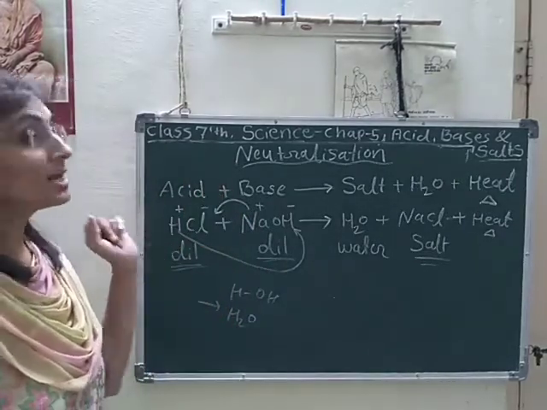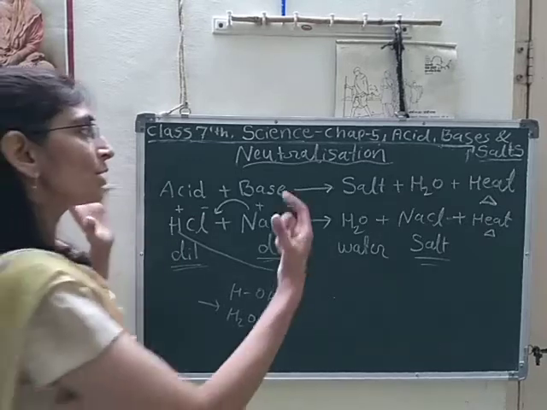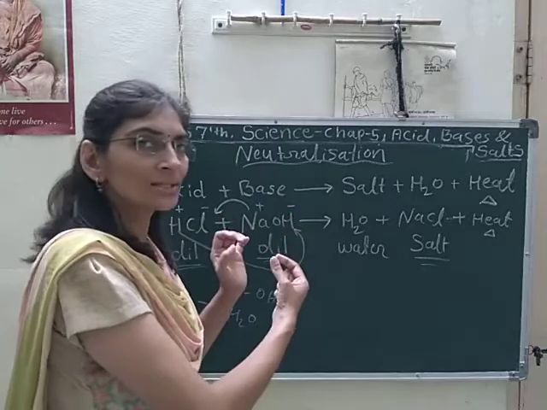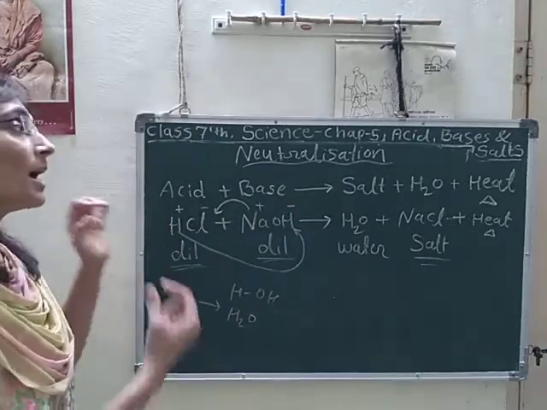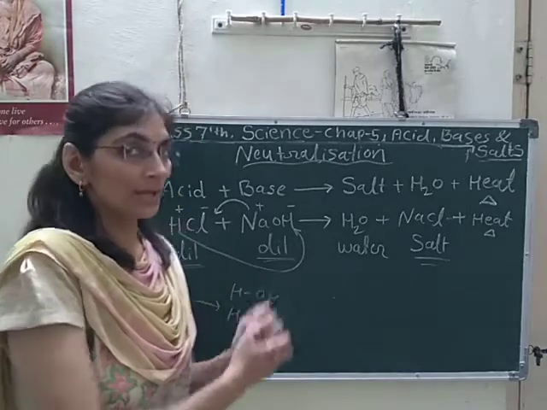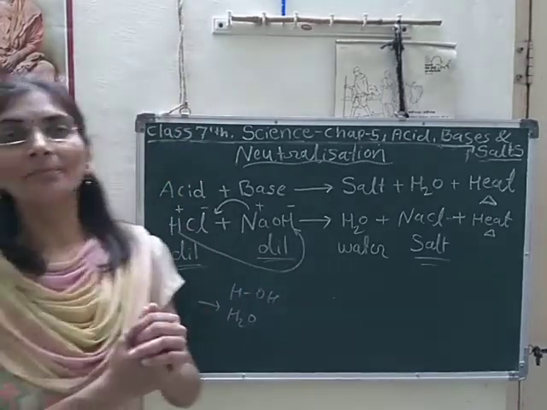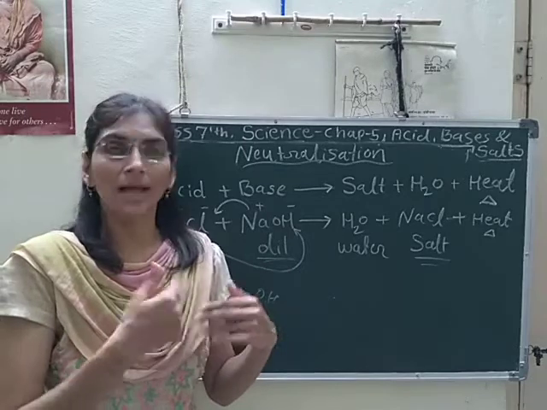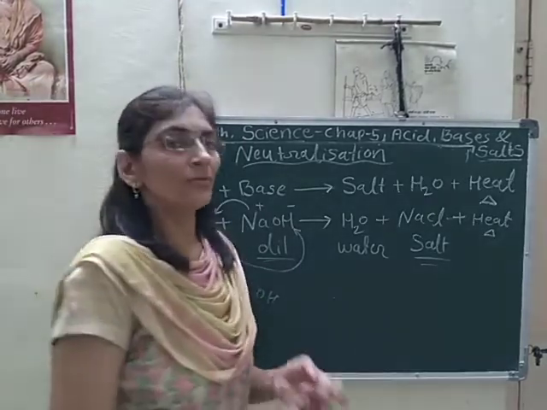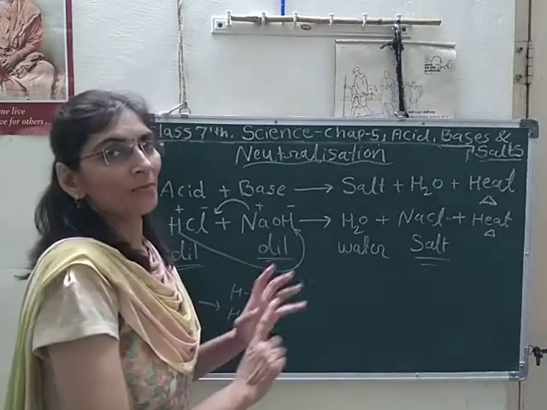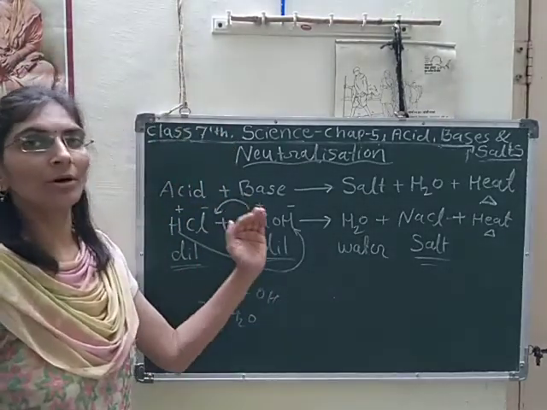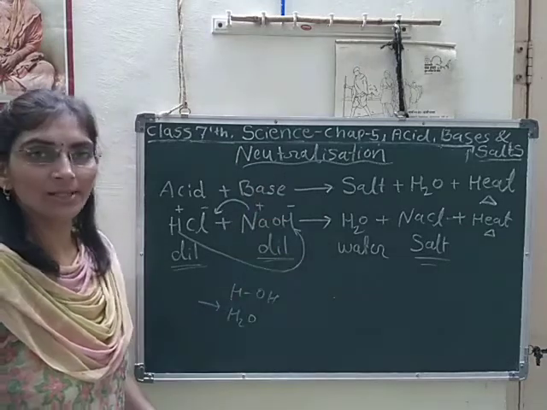Okay, neutralization reaction. We have to use this concept of neutralization in the experiment which we are going to perform through the next activity. Which is that activity? Activity 5.5 we will perform here. Have you understood that neutralization reaction?